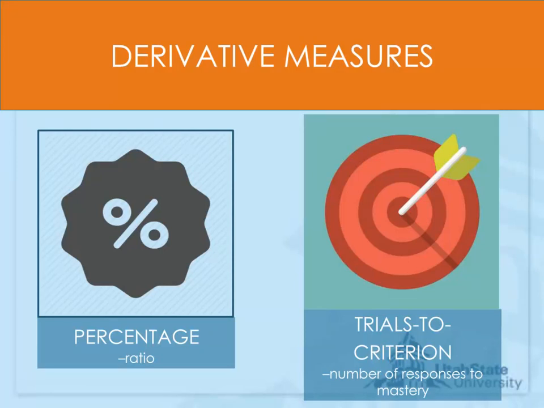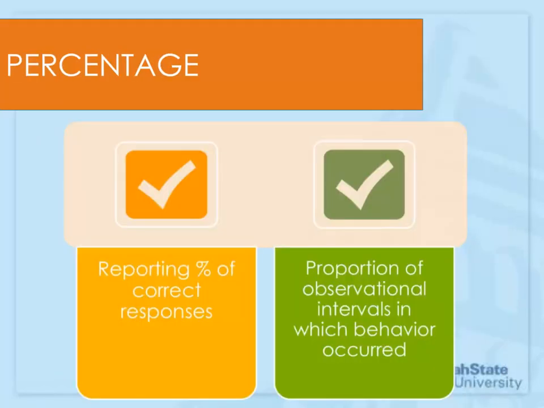Let's go over a few more ways to measure behavior, starting with derivative measures, percentage and trials to criterion. Generally, you will use a percentage to report the percent of correct responses. Percentage is obtained by taking the number of correct responses and dividing it by the total amount of responses or opportunities to respond correctly.